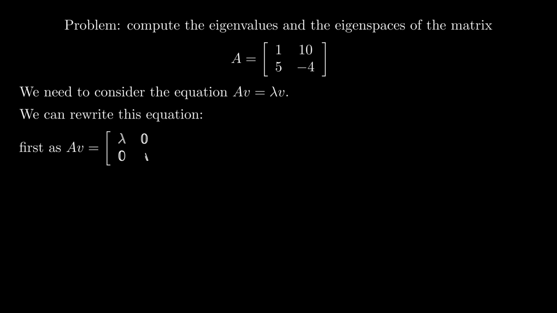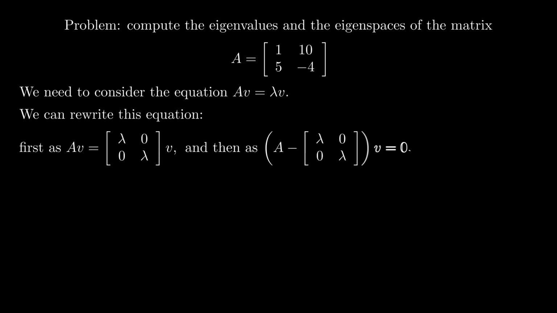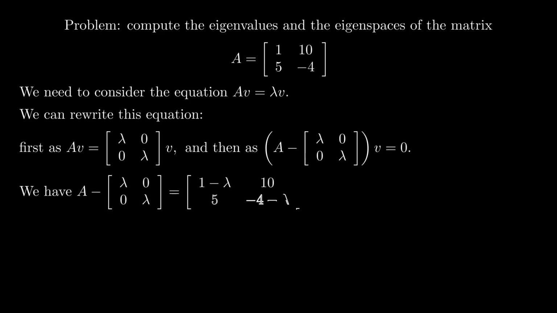First, by replacing lambda with a diagonal matrix with lambda on the main diagonal, and then as A minus that lambda diagonal matrix times v equal to 0. Of course, we have A minus the lambda diagonal matrix equal to the 2x2 matrix 1 minus lambda, 10, 5, -4 minus lambda. And this is the matrix we need to consider next.